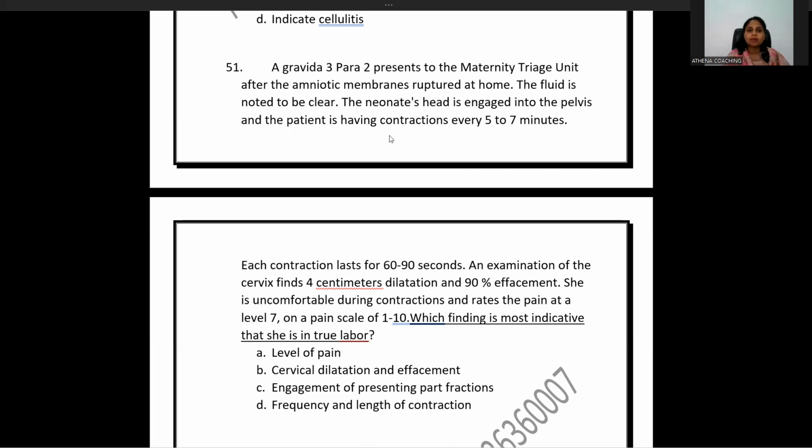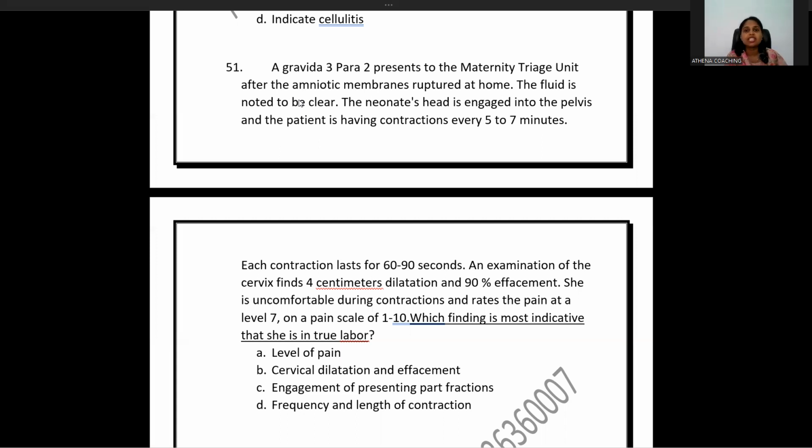Fine. So the first question: Gravida 3, Para 2, presents to the maternity triage unit after the amniotic membrane ruptured at home. The fluid is noted to be clear, the neonate's head is engaged in the pelvis, and the patient is having contractions every 5 to 7 minutes.